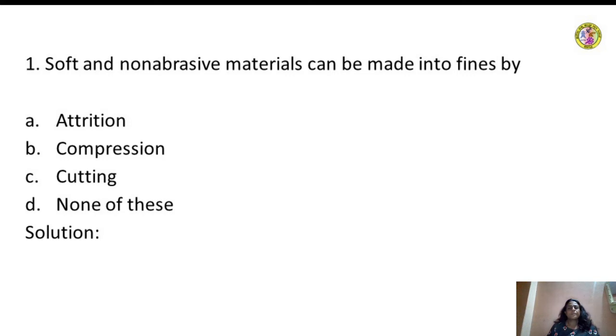Which is the correct option according to you? Is it attrition force, compression force, cutting action, or none of these options?